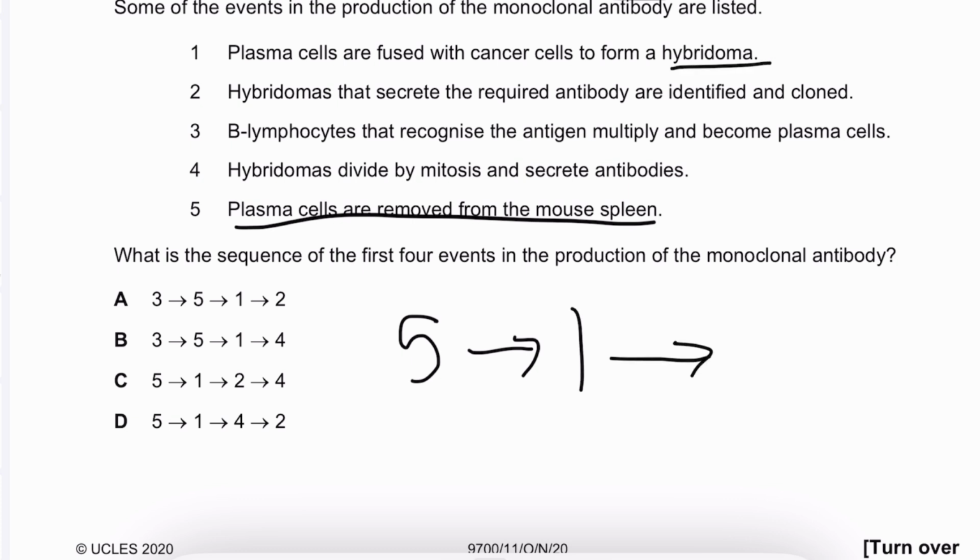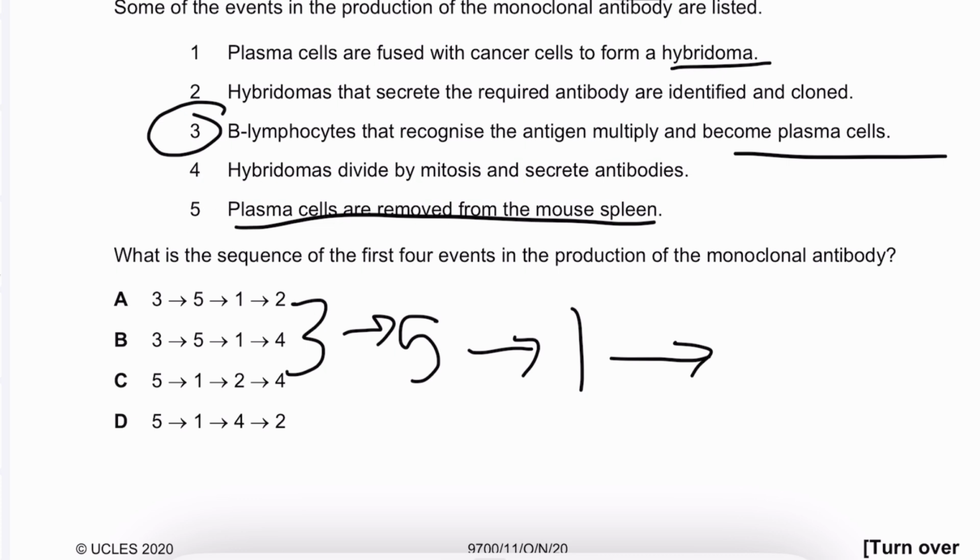So plasma cells are fused with a cancer cell to form a hybridoma. After that, once we have the hybridoma, we get the hybridomas to produce all the antibodies that we want. After we produce the antibodies, we identify which ones are necessary. Now, he says here that B lymphocytes that recognize the antigen multiply and become plasma cells. So yes, 3 comes before 5, since B lymphocytes produce the plasma cells, then the plasma cells are removed.